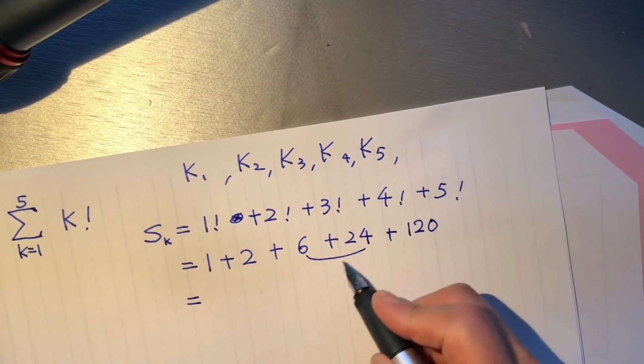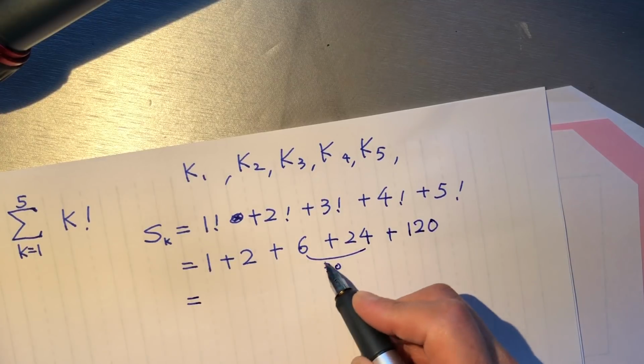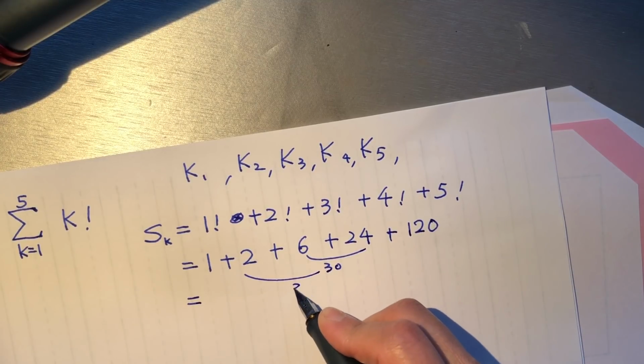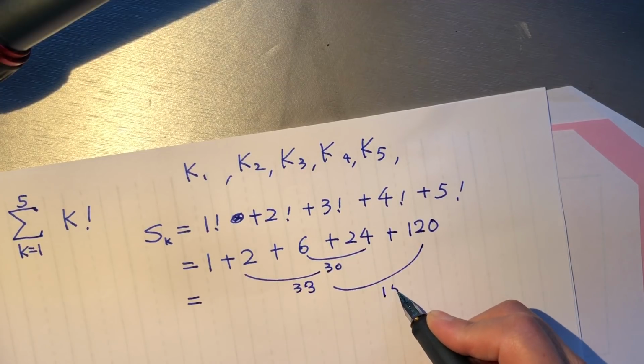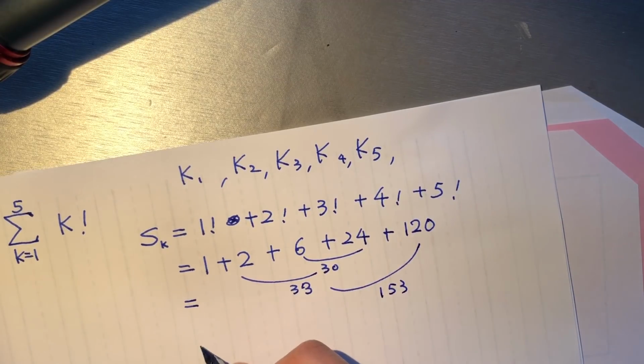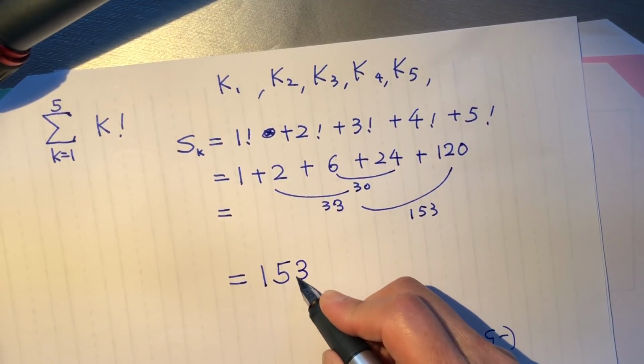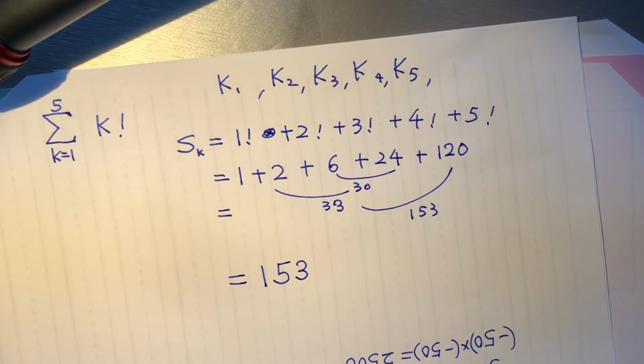So this is 3, 9, 33, and 153 equals 153, and that is it.